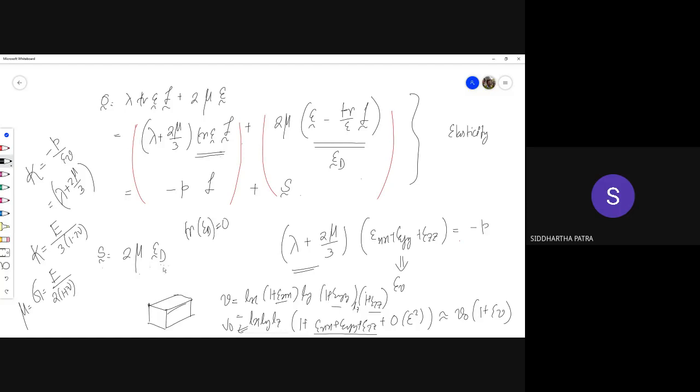If the only strain component was this epsilon d, then the body would not have any amount of volumetric change. Again, all of this is in the domain of small strain. As you can see, I'm ignoring this part right here. So now please write down these expressions right here.